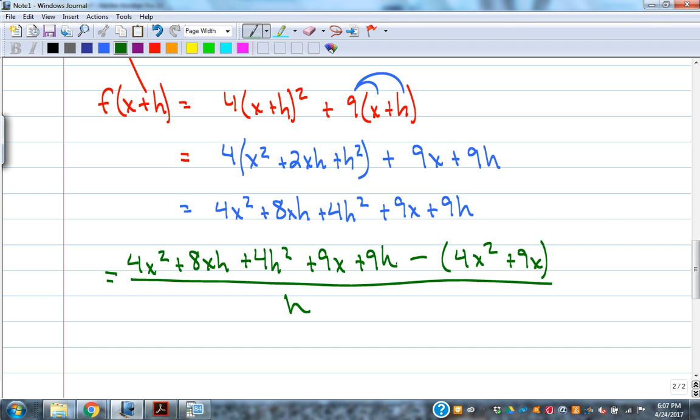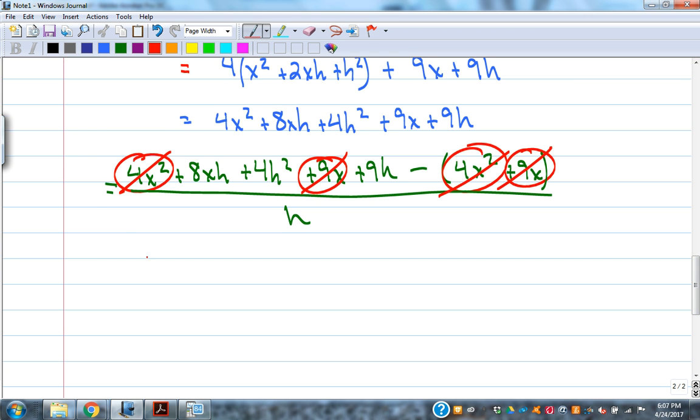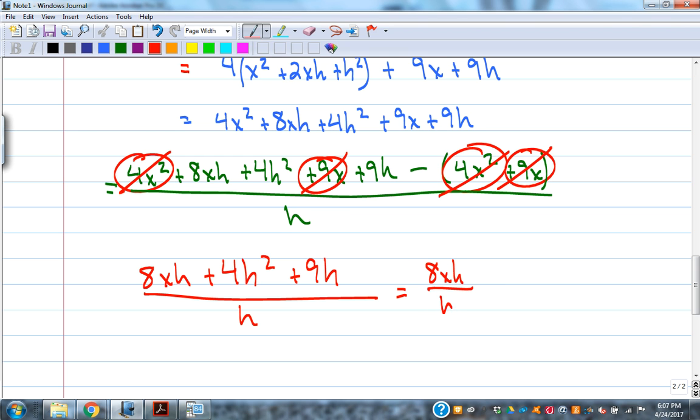There we go. Now, so I'm subtracting this and this cancel each other out. This and this cancel each other out. So what I'm left with is 8xh plus 4h squared plus 9h, all divided by h. And I can simplify that by dividing each piece by h.